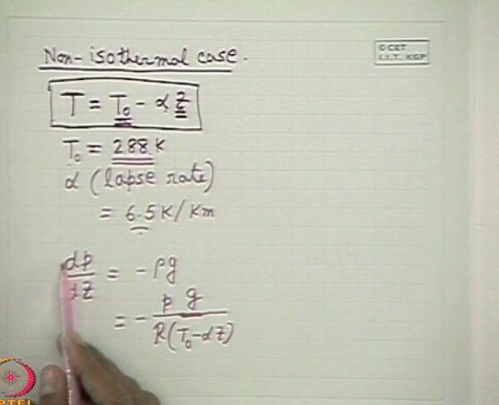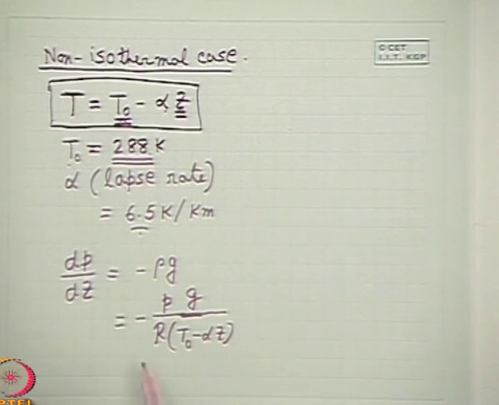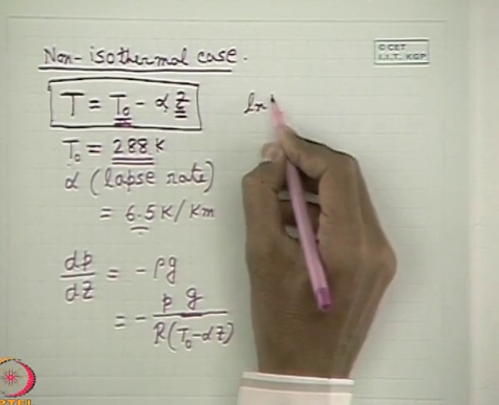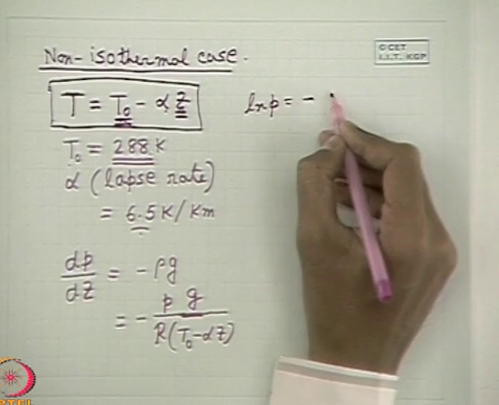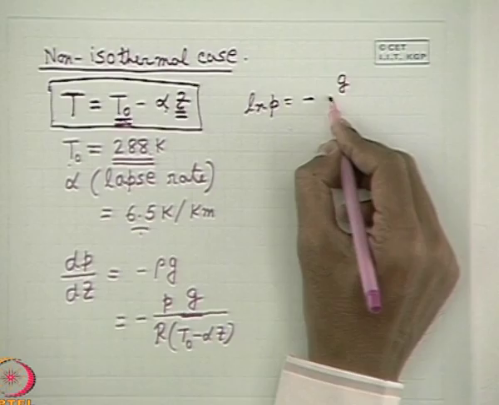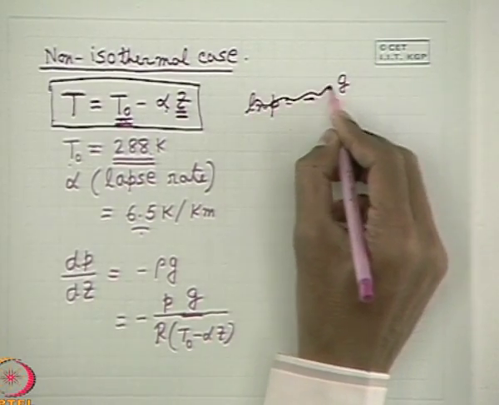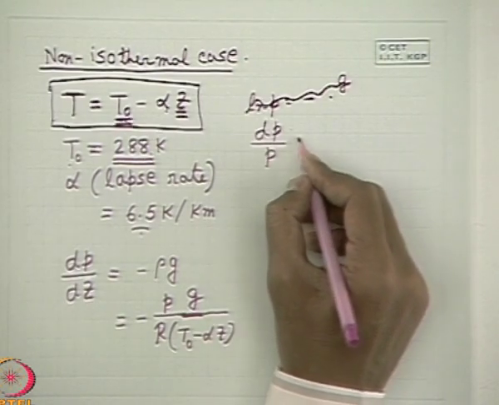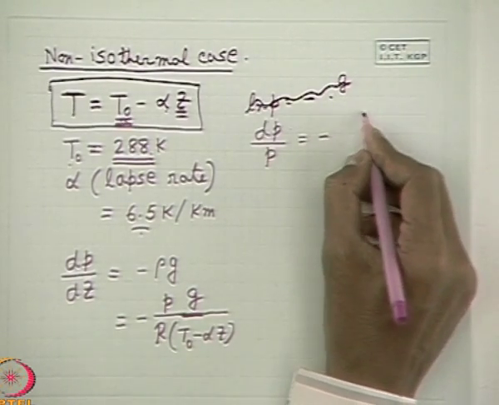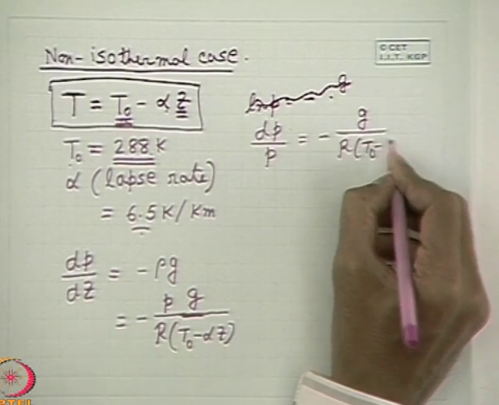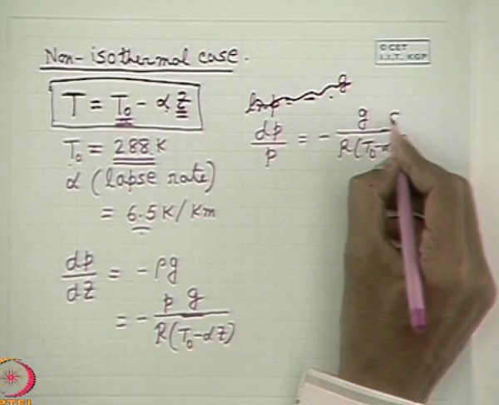Now the rest is simple mathematics: you go on integrating this. If you integrate this, taking P here, dP by P, then you get ln P is equal to minus g by R. Sorry, I think I must write another line, otherwise it will be difficult for you. dP by P is equal to minus g by R times dz over (T0 minus alpha z).